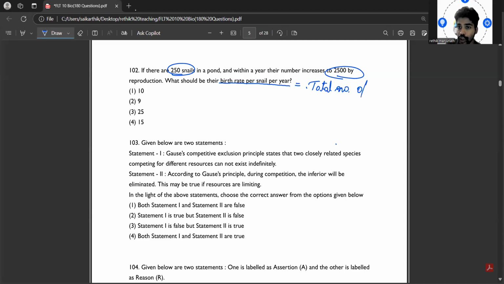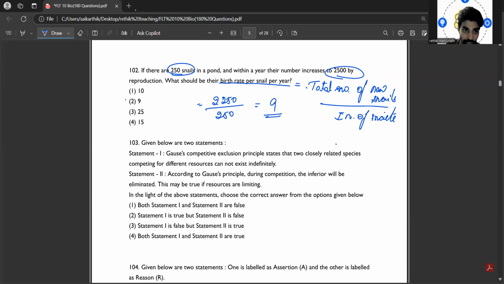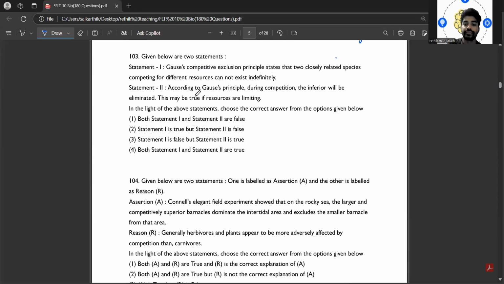Just now we got the total number of new snails, that is 2250, divided by the initial number of snails, 250. The birth rate per snail per year will be 9. Do we have 9? Yes, option second one. Clear?